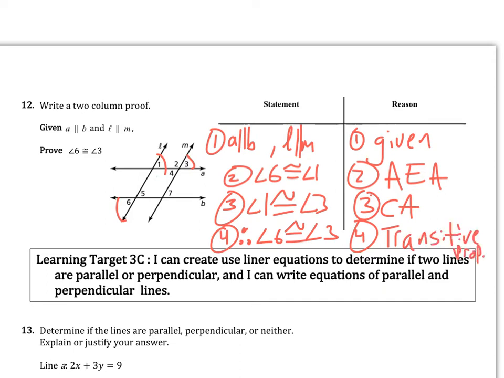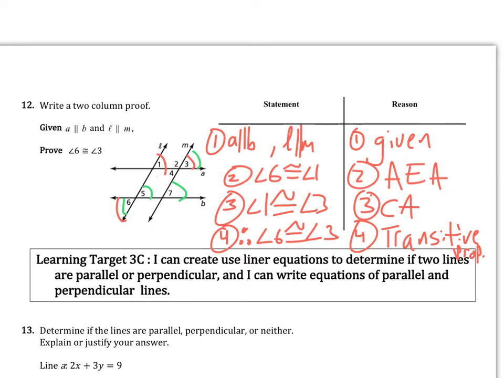Now, there's more than one way to go about that. We could say that 6 is congruent to 5. Those are vertical angles. Then we could say 5 is congruent to 7 by corresponding angles. And then we could say 7 is congruent to 3.